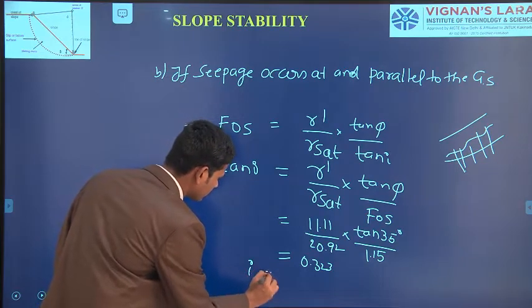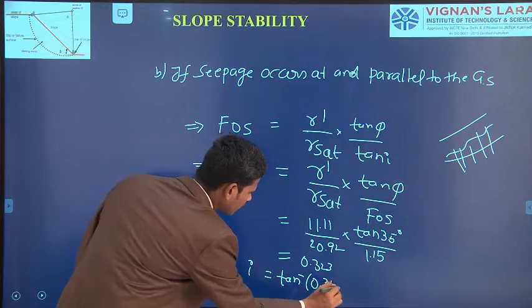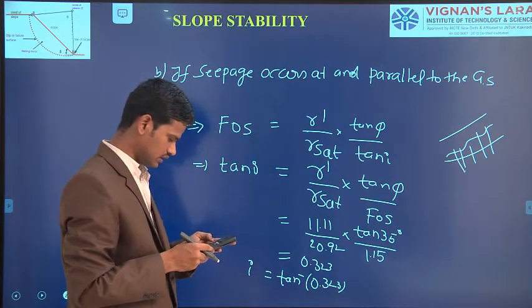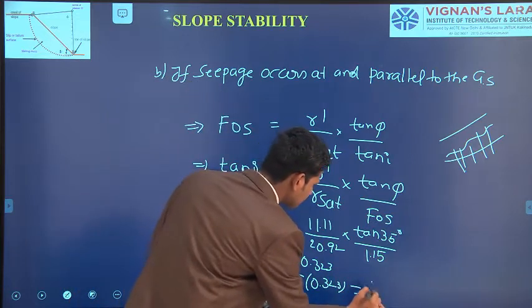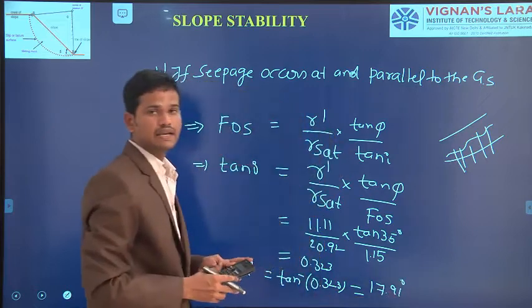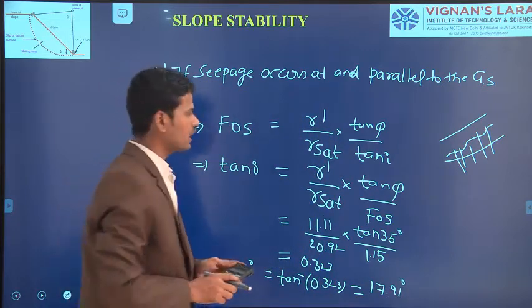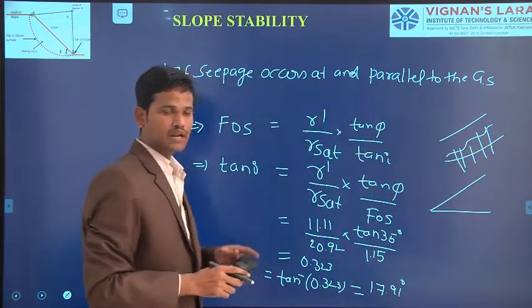That means i equal to tan inverse of 0.323. That means shift tan inverse of answer. That means I am getting this safe angle as 17.91 degrees.